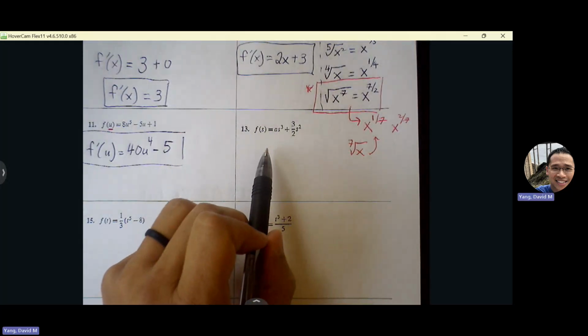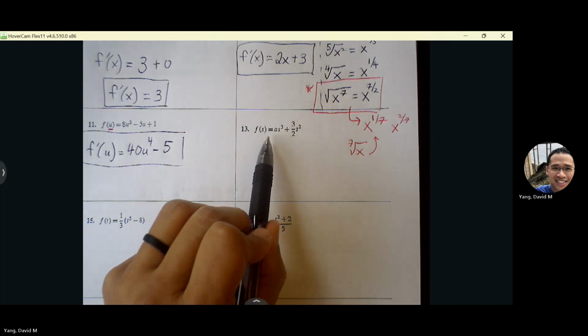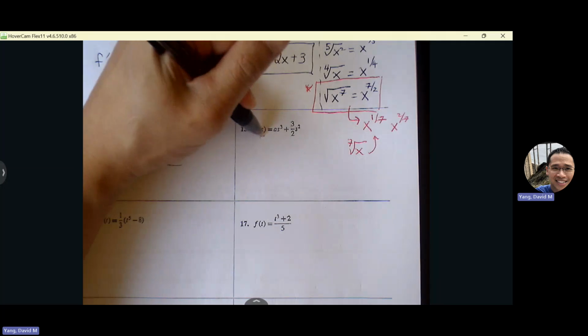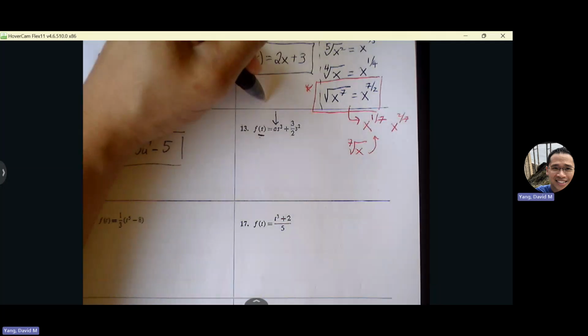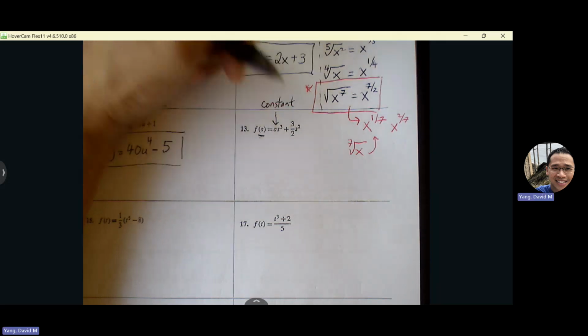Okay, 13. What's the variable here? Okay, how do you know that's the variable? It's f of s. They're indicating what that variable is. So what do you think the a is? Okay, more specifically, it is a coefficient, but is it a variable? It's a what? The constant. So think of it as some number.